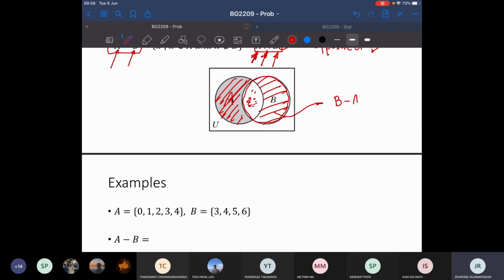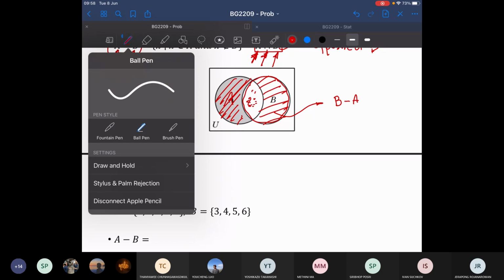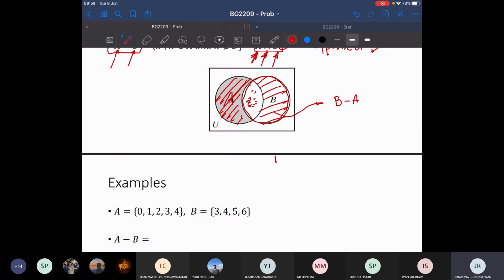B minus A, right? And what's this part that I'm having here? Let me change the color right here. This part, what is it? A intersect B, right?